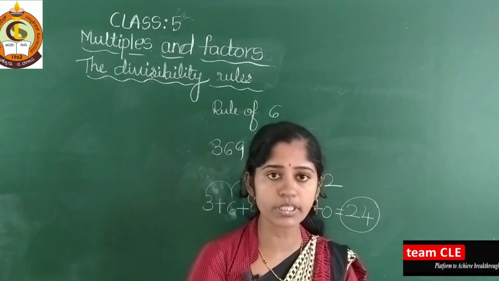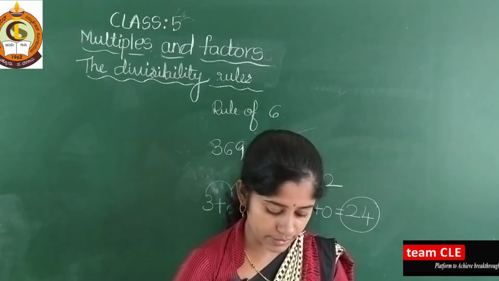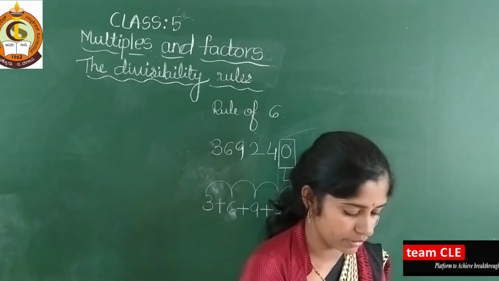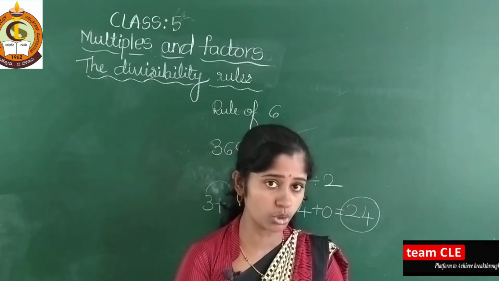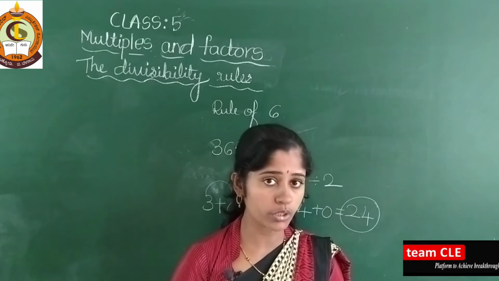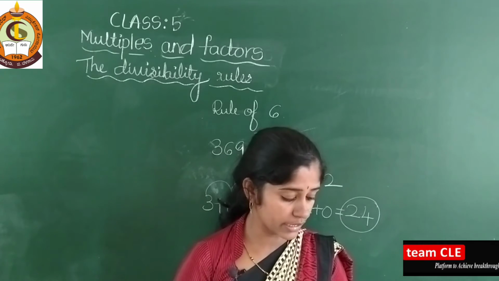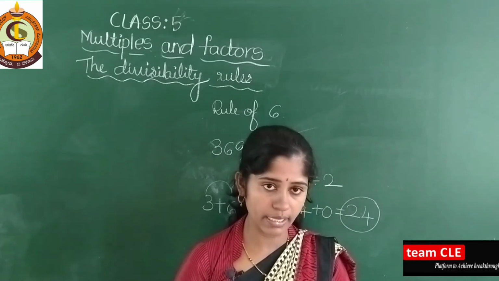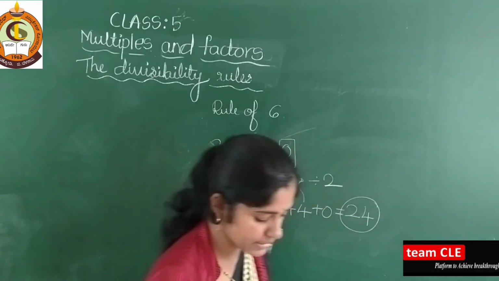If you know the divisibility rule of 6, then you can solve these. The examples are on page number 111. In this class I will teach only the divisibility rules of 2, 3, 4, 5 and 6. Next, the divisibility rules of 9, 10, 7, 8 and 11 I will teach in the next class. So let us solve those examples.